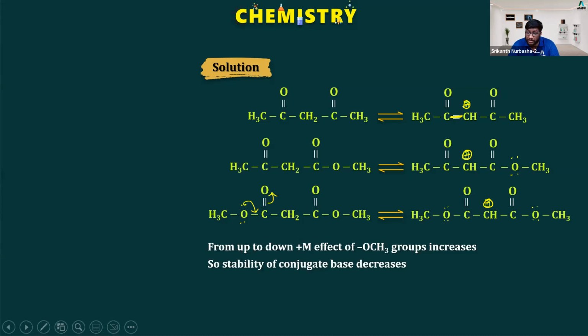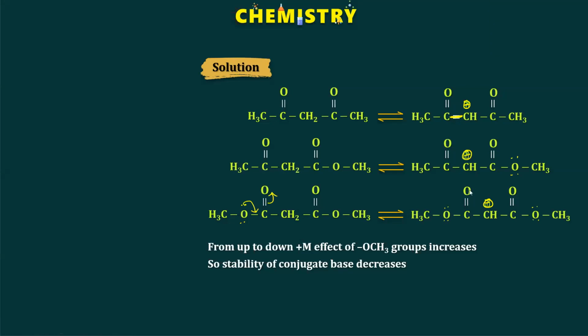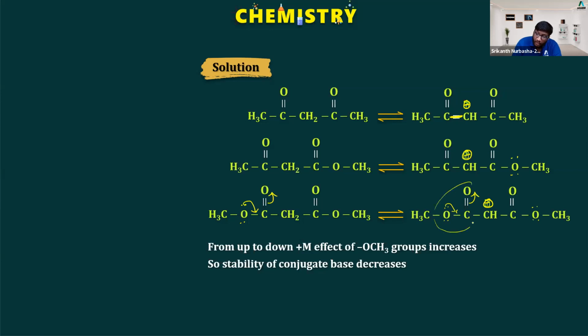You try to understand. It is more stabilized in the first case or in the third case? First case. Because in the third case, already the lone pair of electrons on oxygen comes into the C double bond pi electron and moves away. So this C double bond O minus system is going to be electron rich. Again we have negative charge, and if we are again providing electrons, that will be repelling. Electron-electron repulsion will be high.